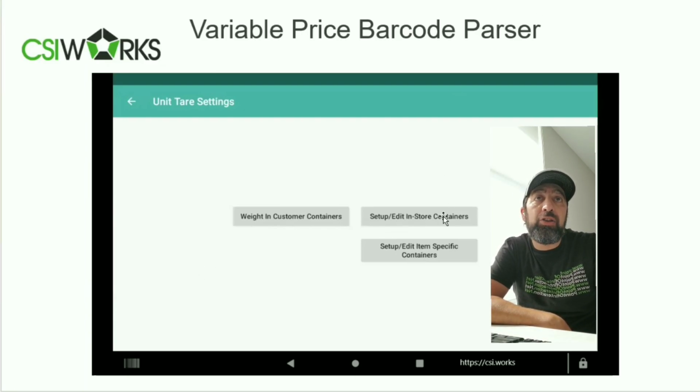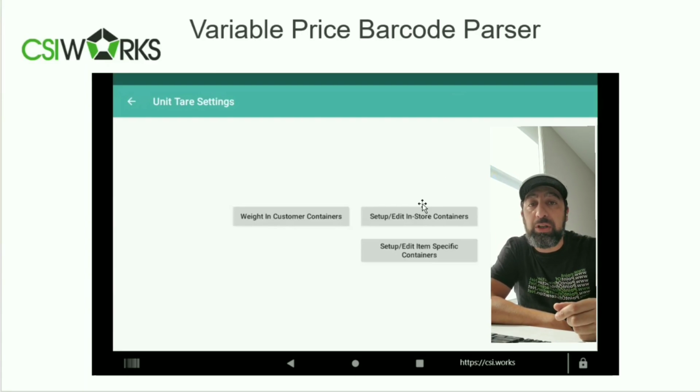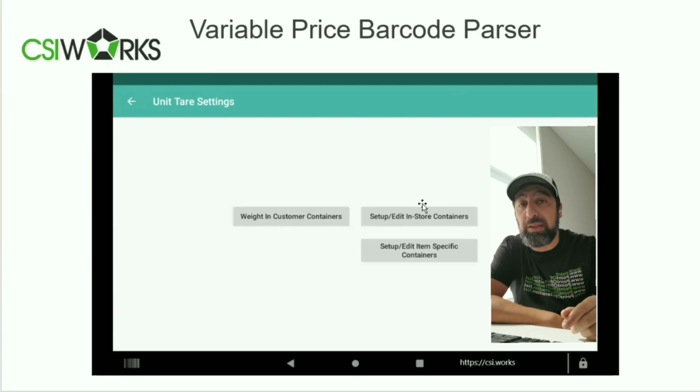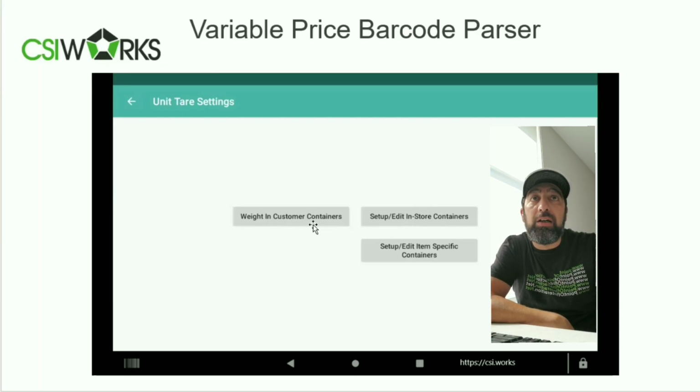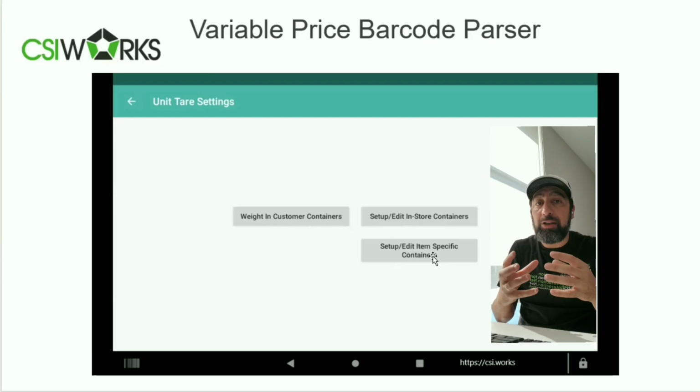You would define your individual cups here in in-store containers. And then when you're weighing them during checkout, the app pops up and asks you to remove the weight of the container, and you can select multiple containers for the use case that I've described. The item-specific containers, that's a scenario where you don't want to deal with the pop-up, and each item has its own container, so you can assign.